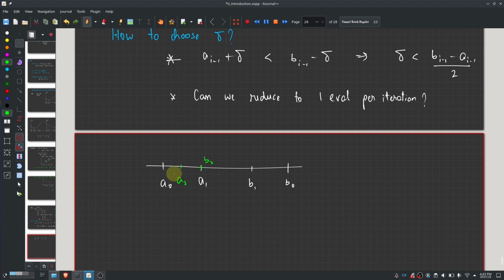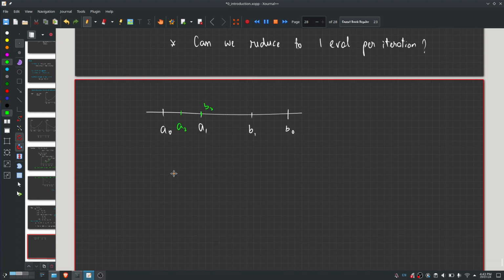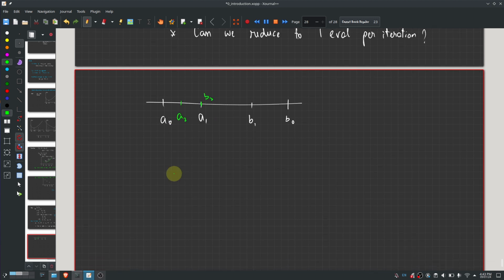So is it possible to always choose these AIs such that B2 equals A1, if it lies in the range A0 to B1? If it lies in the range A1 to B0, then I choose it so that A2 is equal to B1.